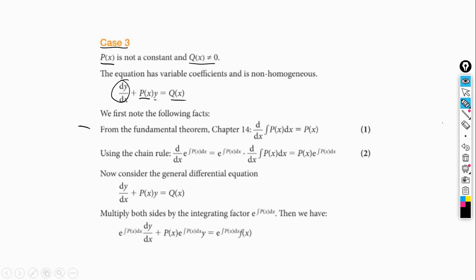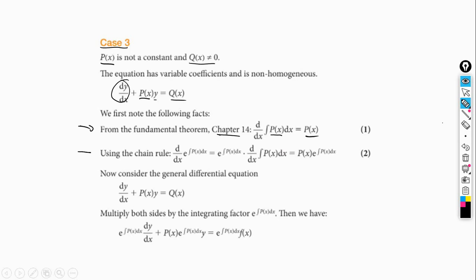First, from the fundamental theorem of calculus that we covered in chapter 14, we know that the derivative of an integral is going to be the function contained within the integral, so p of x.